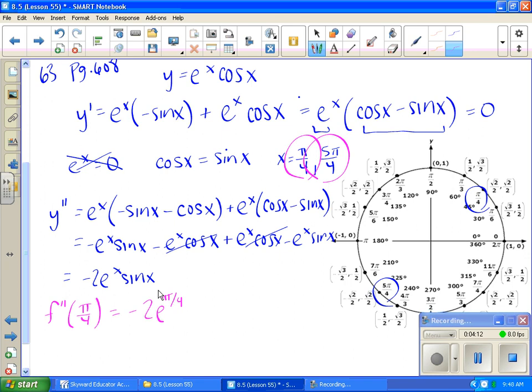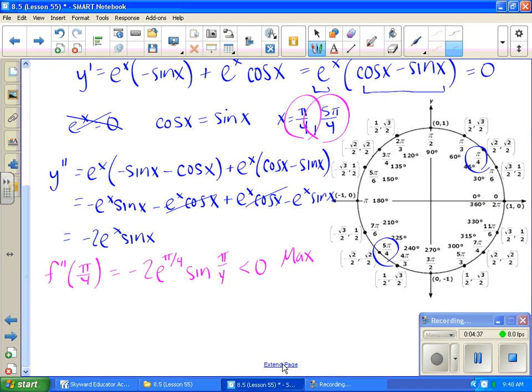Positive. Yep, it should be positive. So we have a negative times a positive. And then I have sine of pi over 4, which is what? Positive again, right? So if I have a negative times a positive times a positive, is this greater than 0 or less than 0? Less than 0. So is this a max or a min? Max. So there's a max when x is pi over 4.